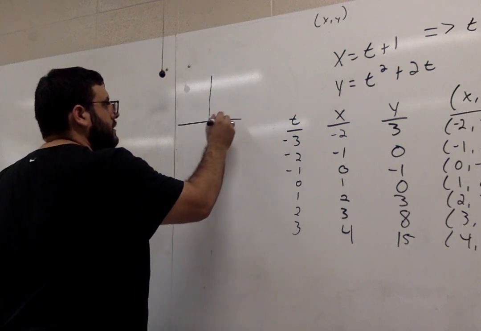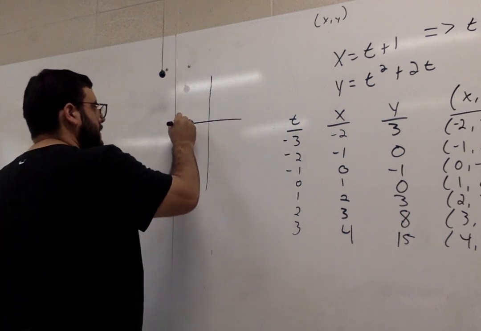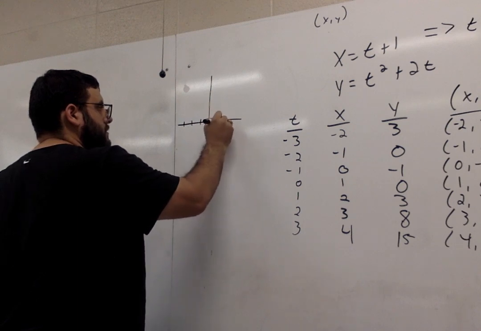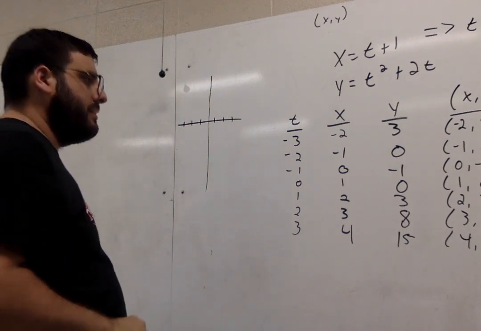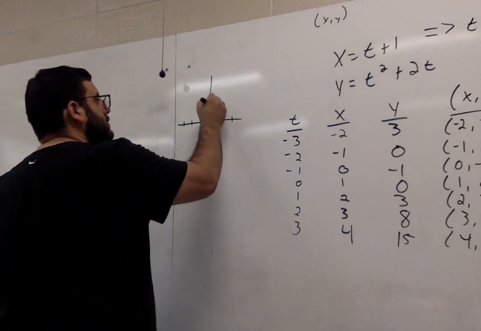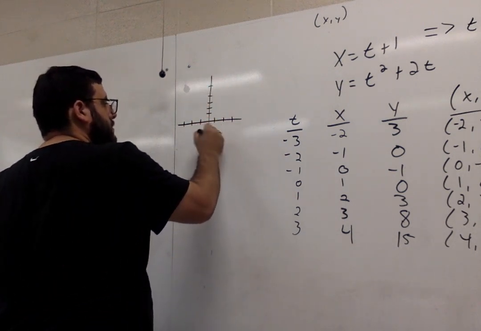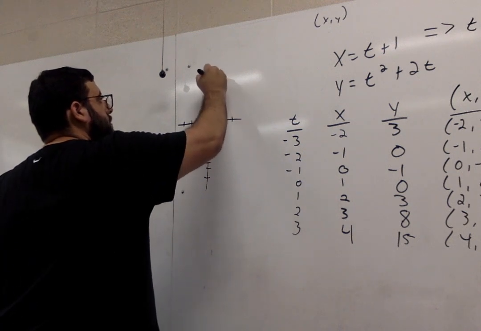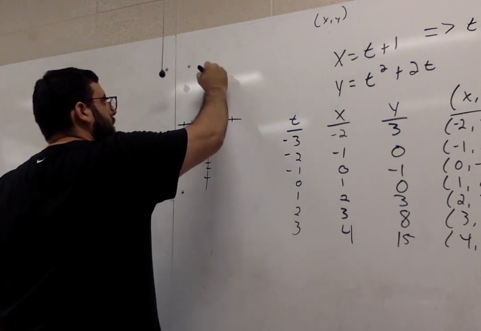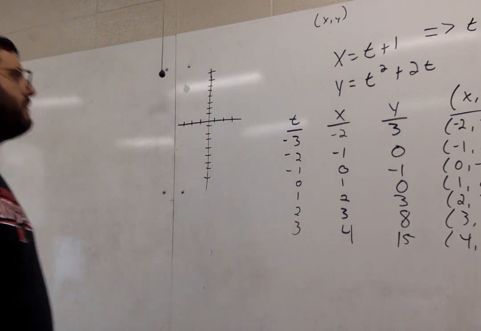Negative 3, negative 2, negative 1, 0, 1, 2, 3. All right, I'll just go ahead and plot some of these.